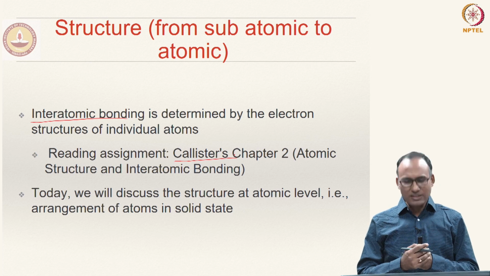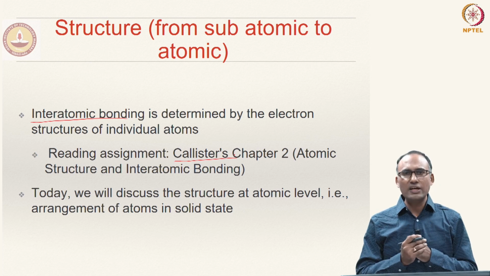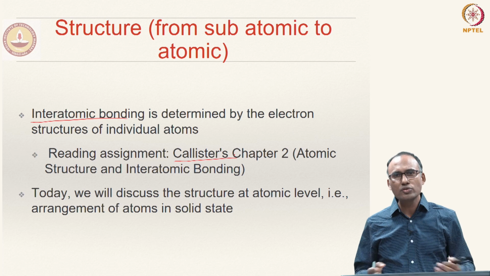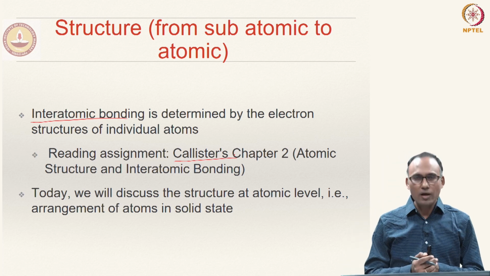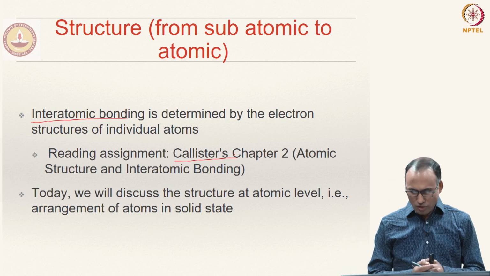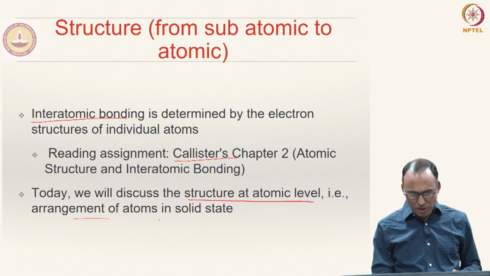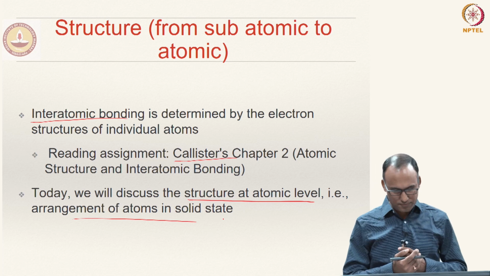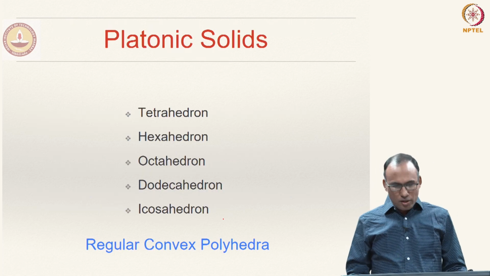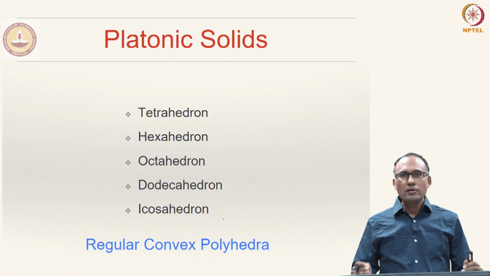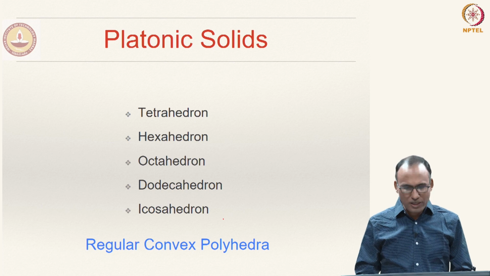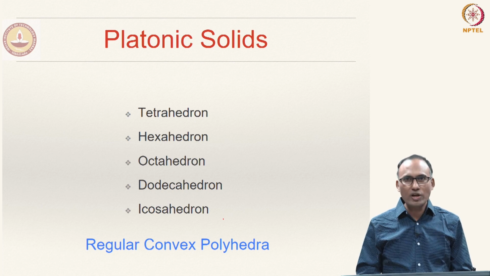Having said that, we assume knowledge of interatomic bonding in order to continue these lectures on crystal structure. So, we are going to talk about structure at the atomic level, that is the arrangement of atoms in the solid state.